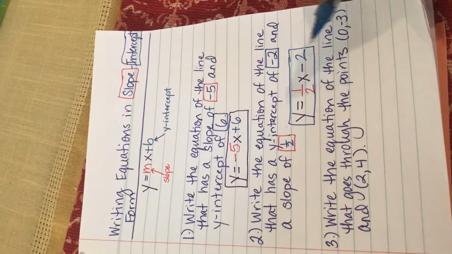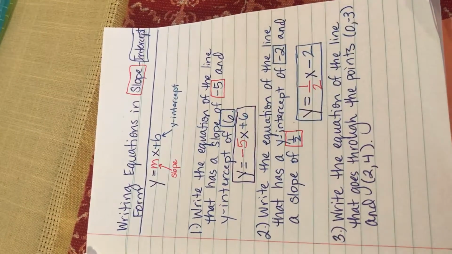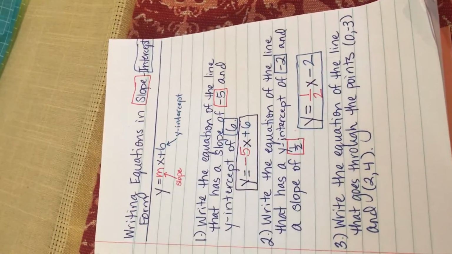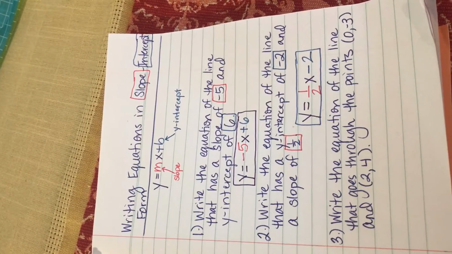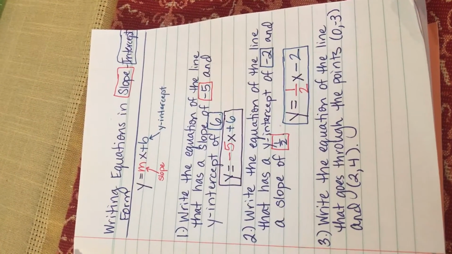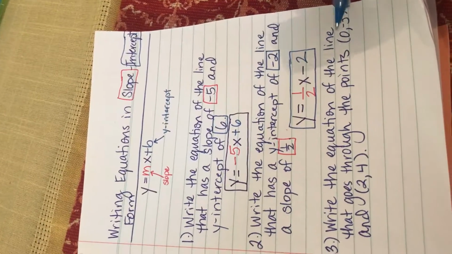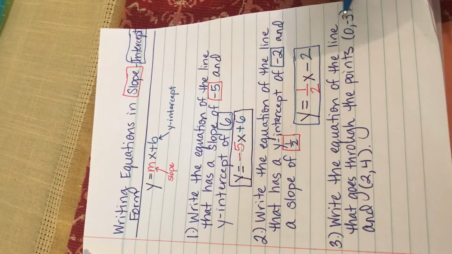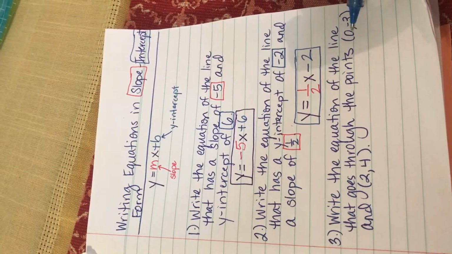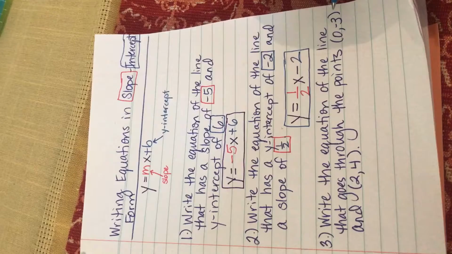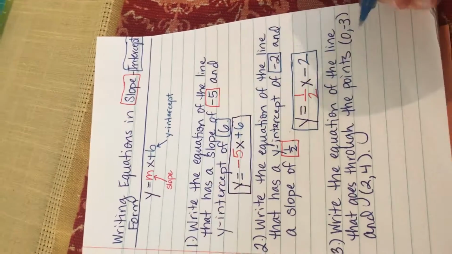Okay, sometimes they don't give me the slope, so I'm going to have to find what the slope equals. So this next one says, write the equation of the line that goes through the points 0, -3. And if we look at this ordered pair, 0, -3, if there is a 0 in the x and a number in the y, remember, in our notes, we said this was called the y-intercept.